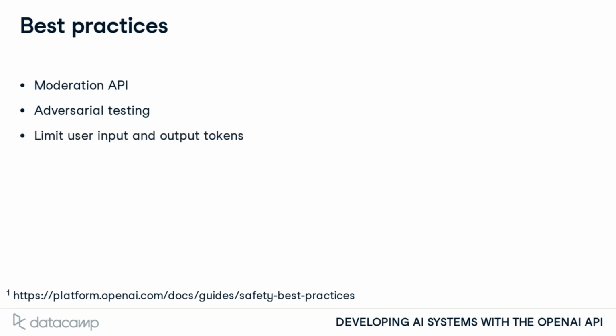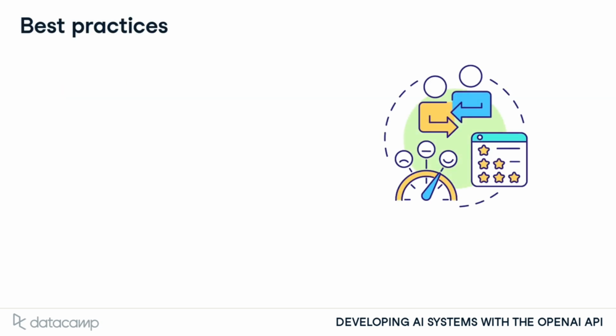We've seen how limiting the number of output and input tokens can prevent prompt injection and misuse. Finally, crafting prompts to guide the AI's output in terms of topic and tone and adding context can help steer outputs in the right direction.